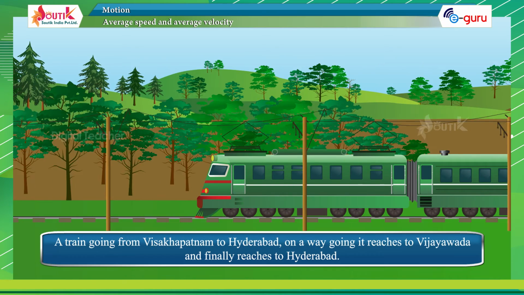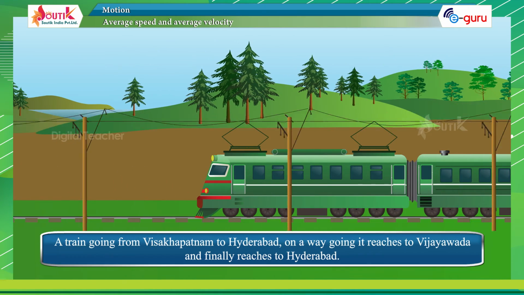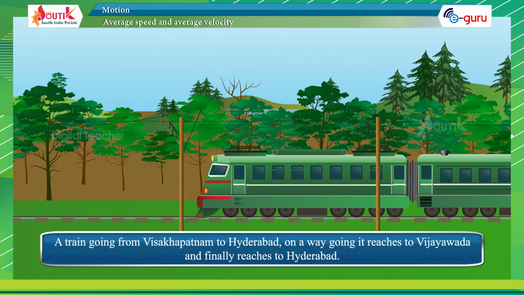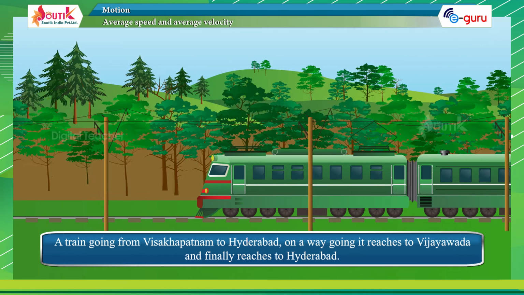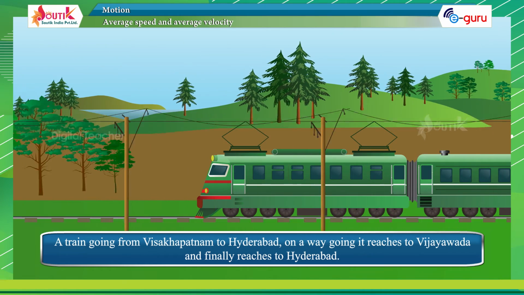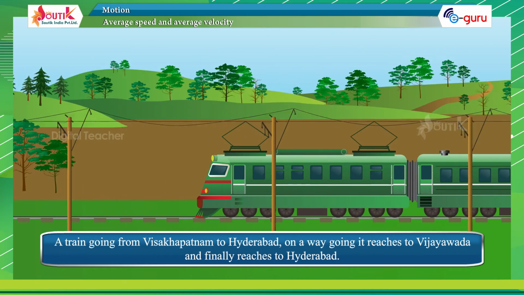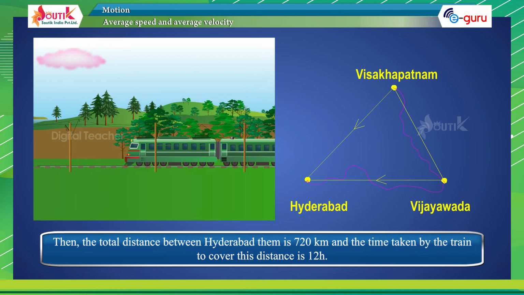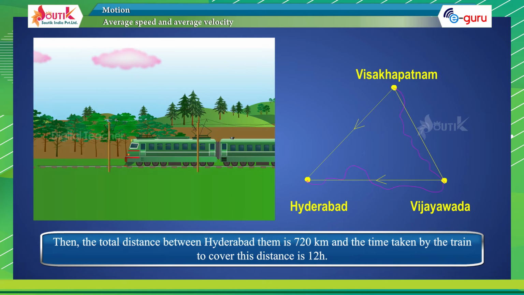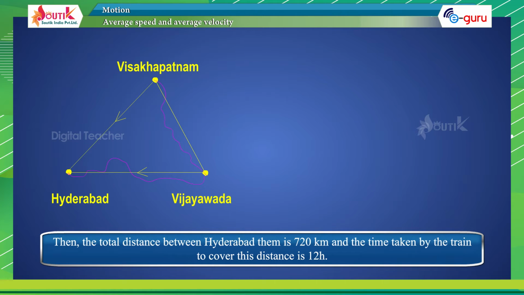Average speed and average velocity. A train goes from Visakhapatnam to Hyderabad; on the way it reaches Vijayawada and finally reaches Hyderabad. Then the total distance is 720 kilometers and the time taken by the train to cover this distance is 12 hours.